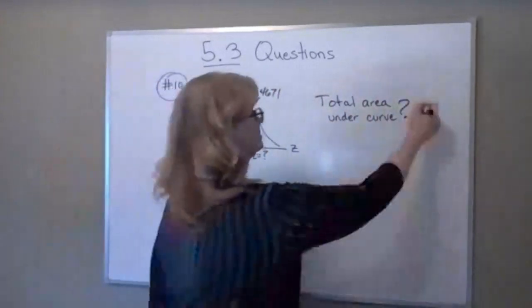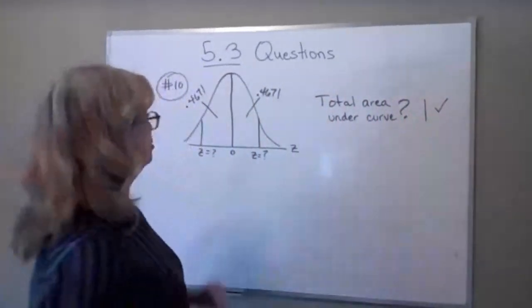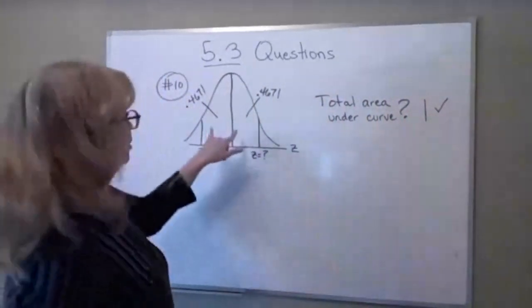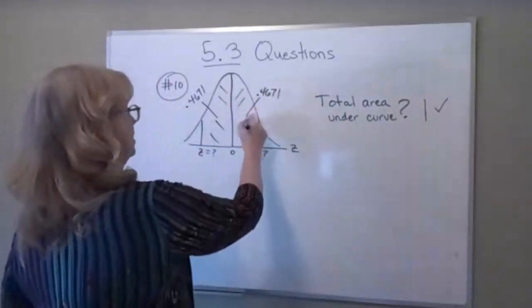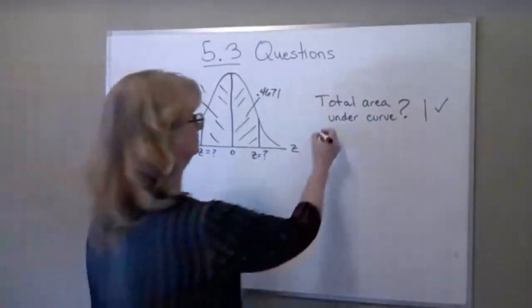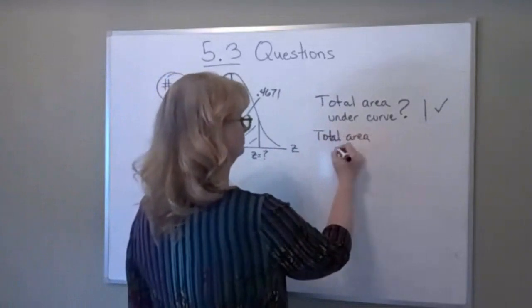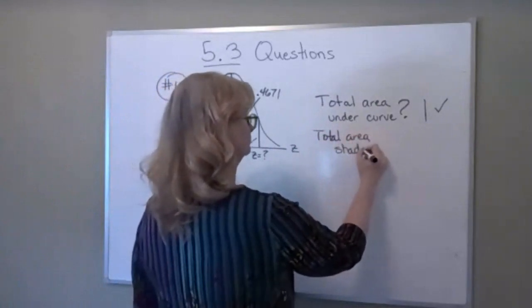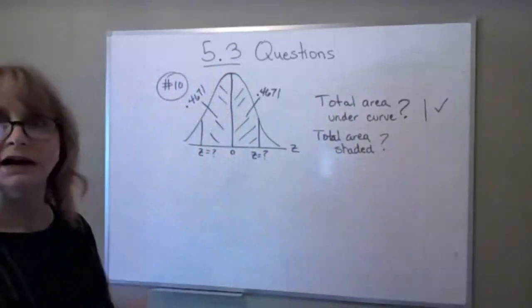Christina says 1. That's correct. Question 2. What is the total area under the curve that they've given us? Like this part and this part. How can I get that total of the part that they shaded? What should I do to get the total area that they shaded under this curve?